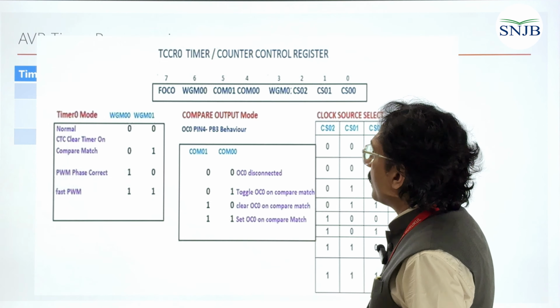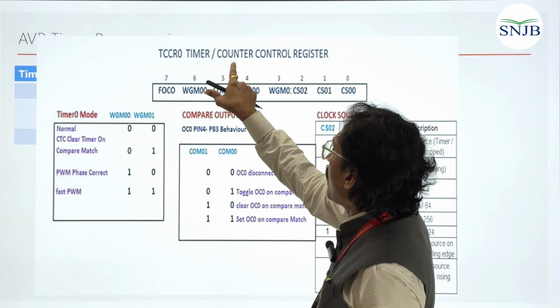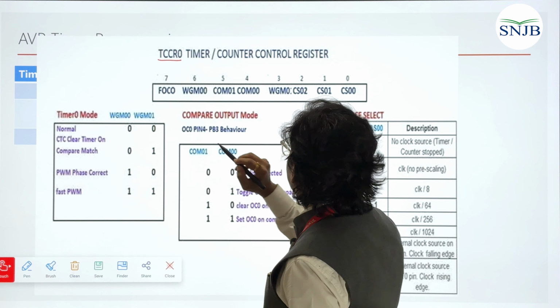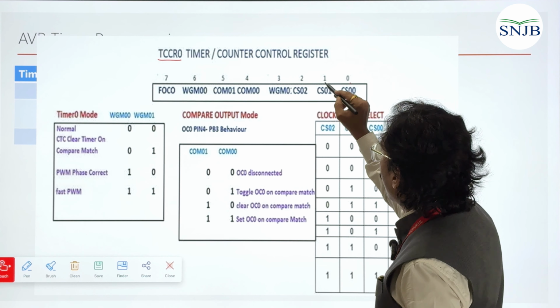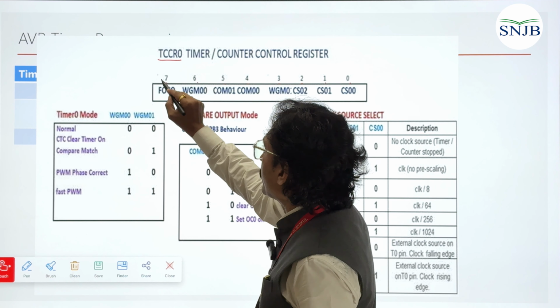For example, this is the timer counter control register TCCR0. It is an 8-bit register, from least significant bit 1, 2, 3, 4, 5, 6 up to the most significant bit.